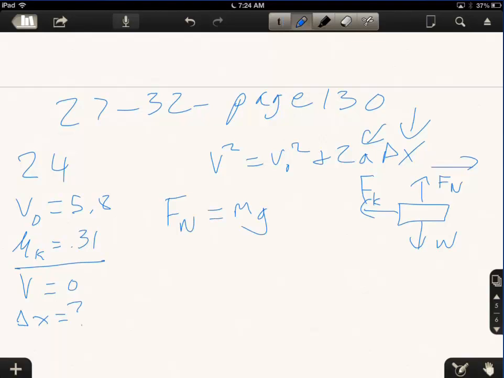I also know that kinetic friction is equal to the normal force times the coefficient of kinetic friction. So I can say Fk equals mg times mu k. But I don't know Fk, I don't know m, so this looks like two unknowns.